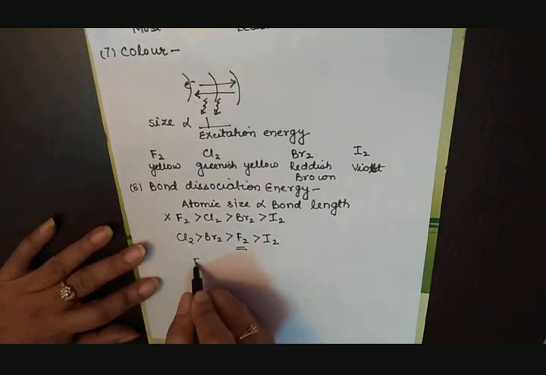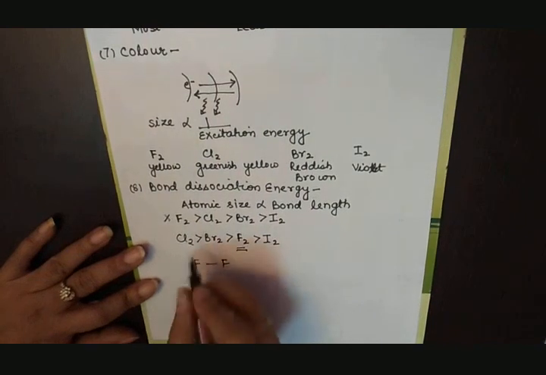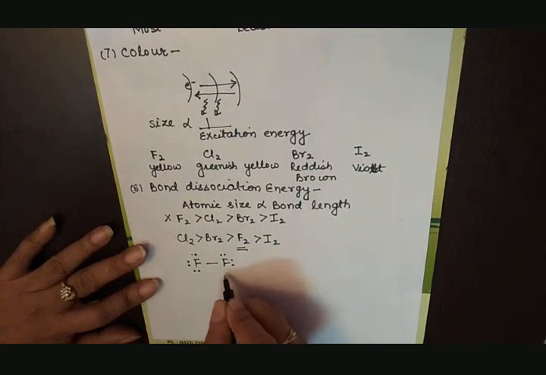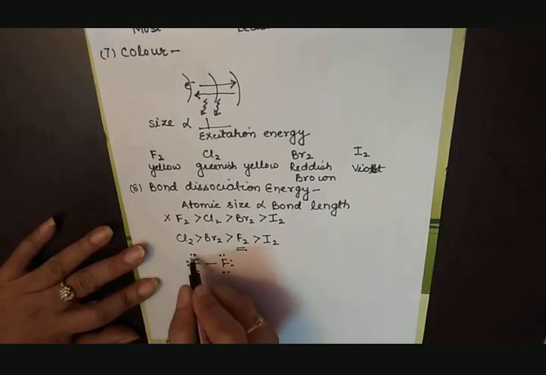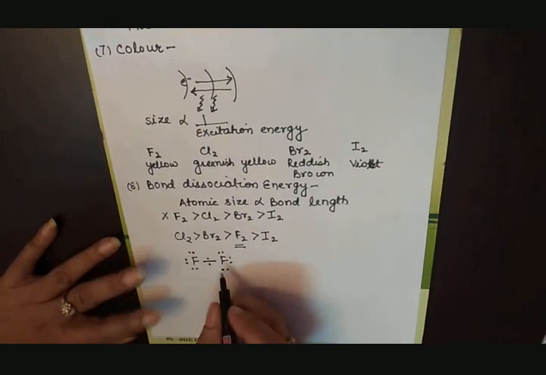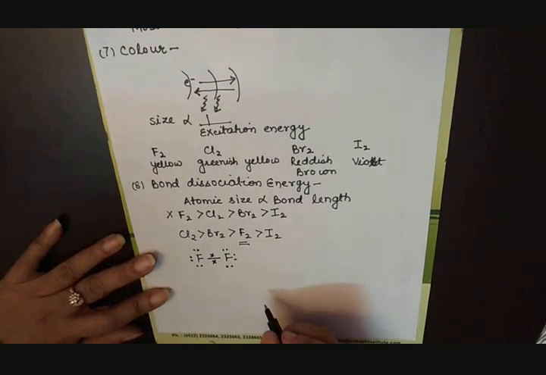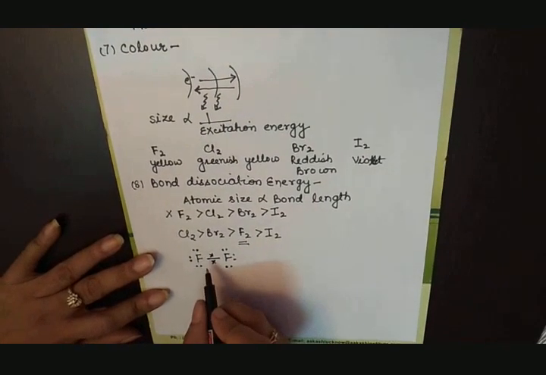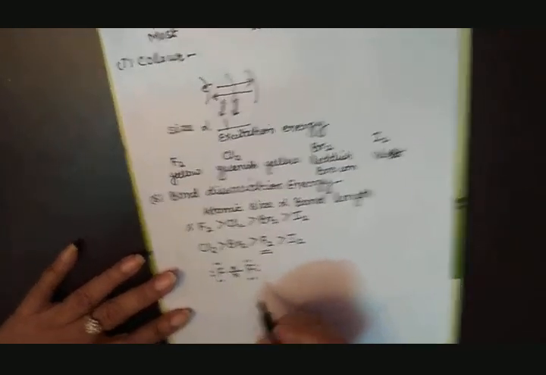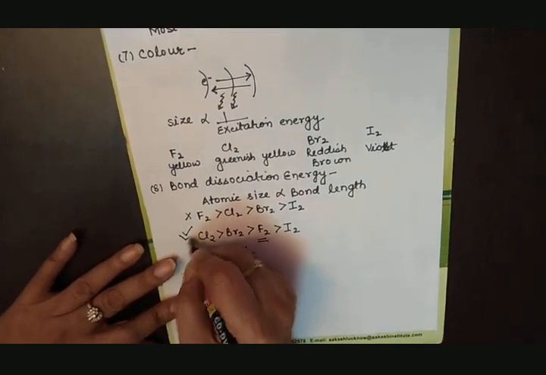It means that when this bond was formed between two fluorine atoms, these are the non-bonded electrons, and these electrons which are involved in bond formation are the bonding electrons. So there will be repulsions among the non-bonding electrons and the bonded pair of F electrons. Therefore, the bond dissociation energy decreases and this order is observed.